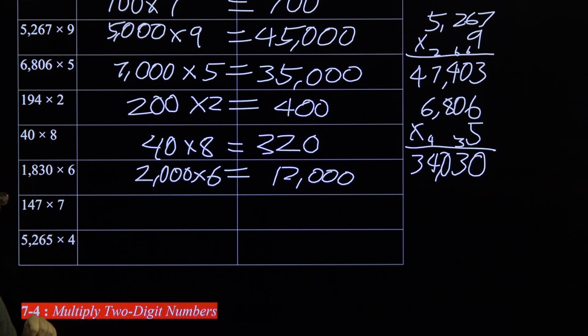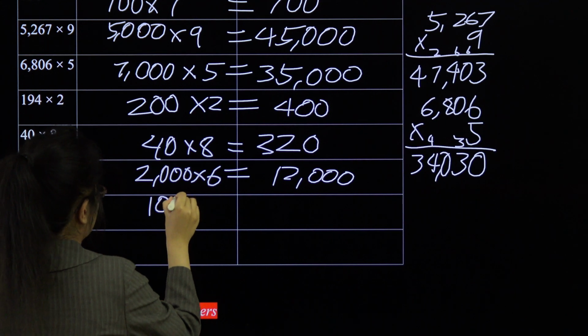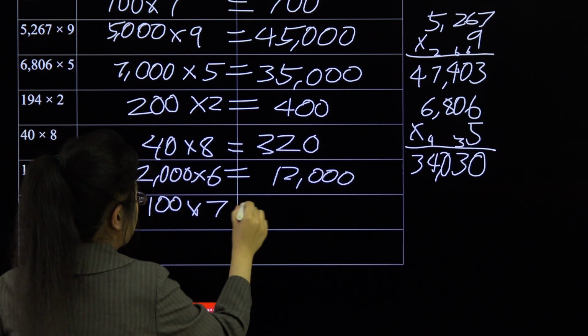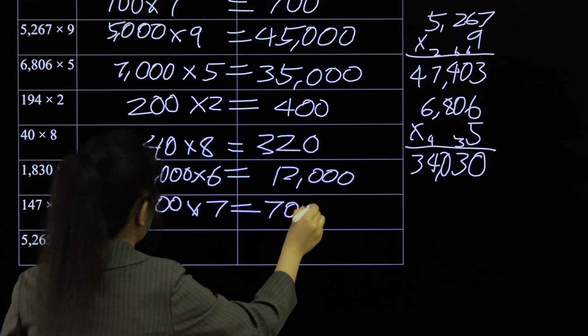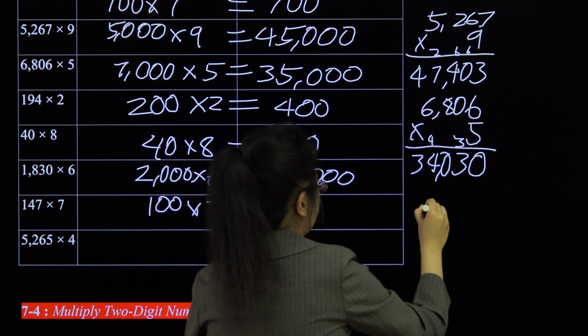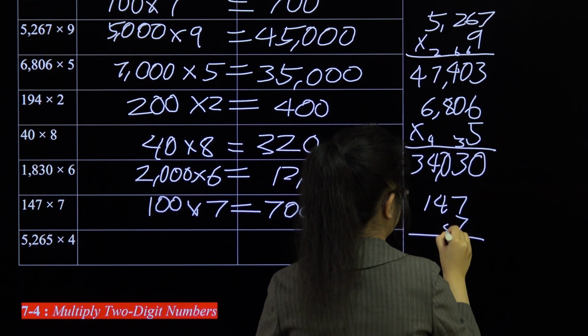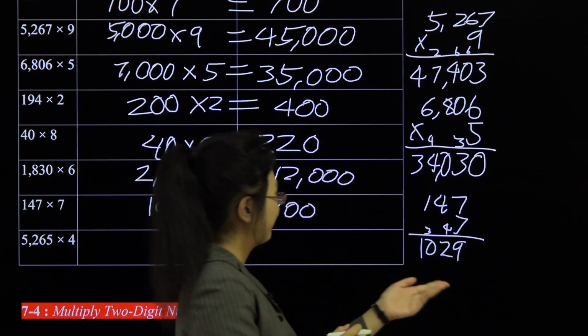Now, 147 times 7. 147 is larger than 7. So then you get that you're rounding to the nearest hundred, and then you look at the tens, that's a 4. 4, you round down. So you get 100 times 7 again, which is 700. The actual product for this is, well, actually quite far.